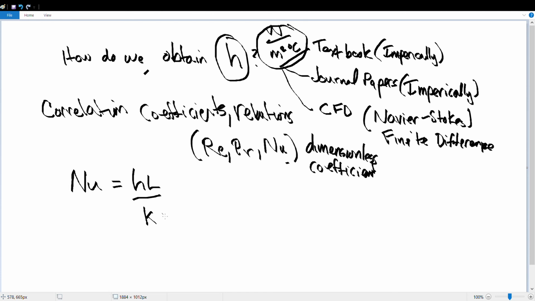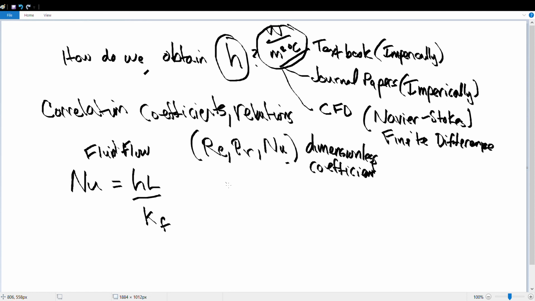In this case, we're talking about fluid flow here, so this is the properties of the fluid, the thermal conductivity of the fluid. If you knew the dimensions and the thermal conductivity of the fluid, and you were able to calculate the Nusselt number or generate it somehow, then you can solve for H, right? And this is one way of getting your H out.